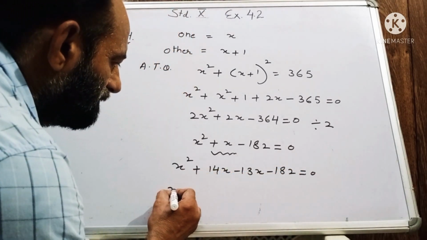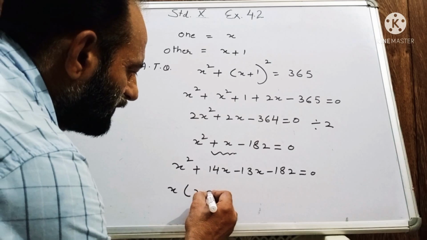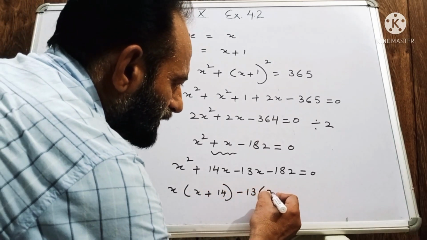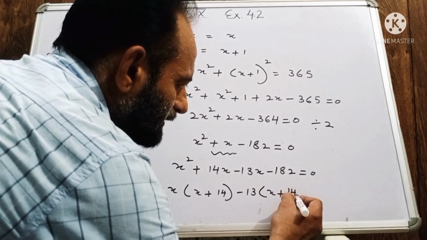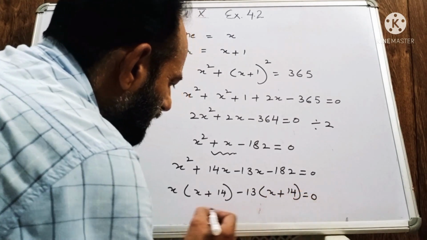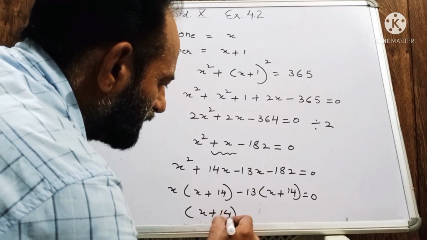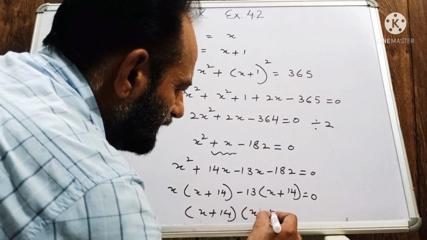X common, x plus 14; minus 13 common, x plus 14 is equal to 0. Now x plus 14 we will take common. What is left? X minus 13 is equal to 0.